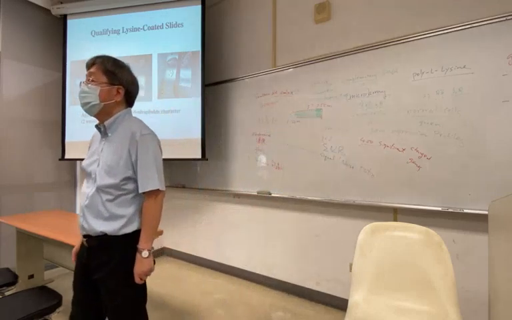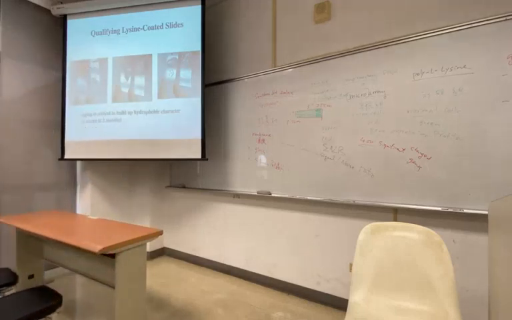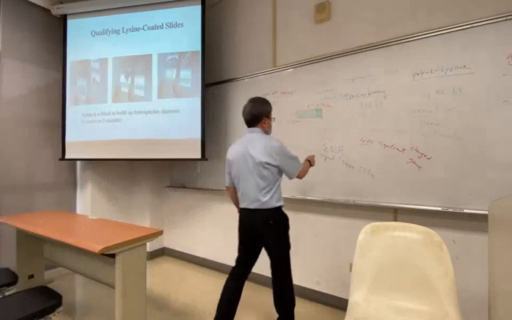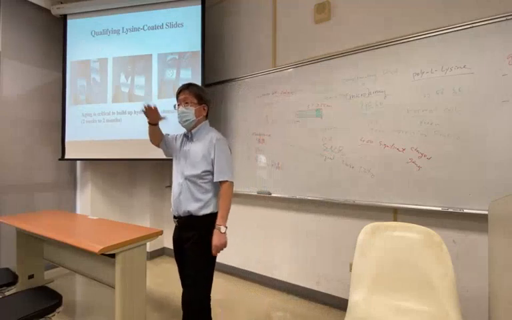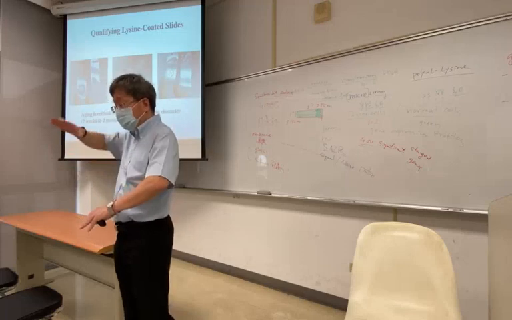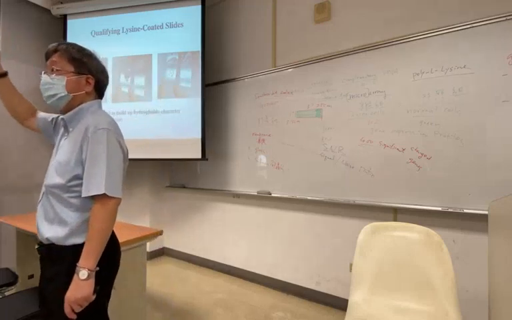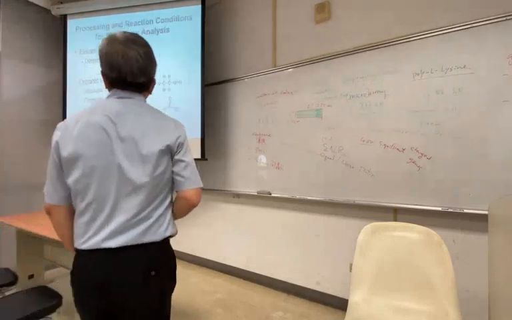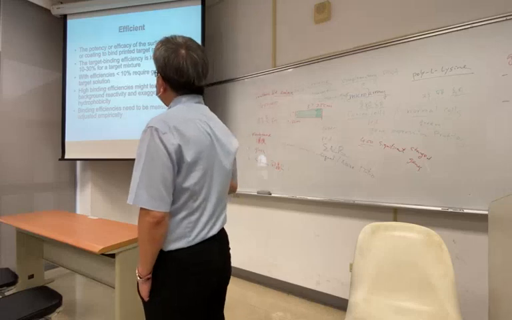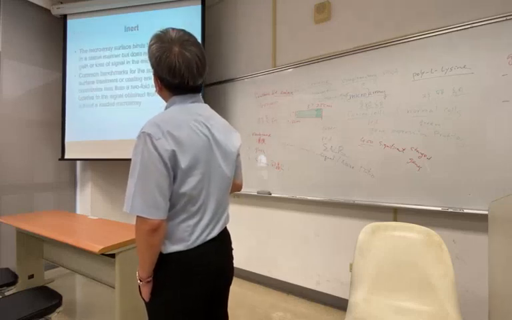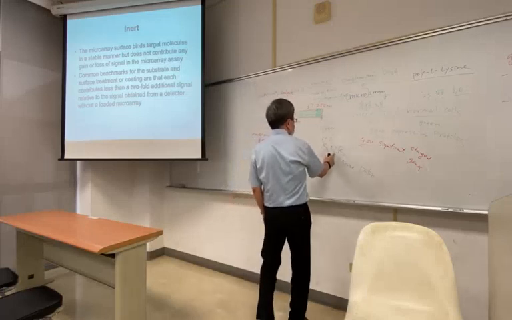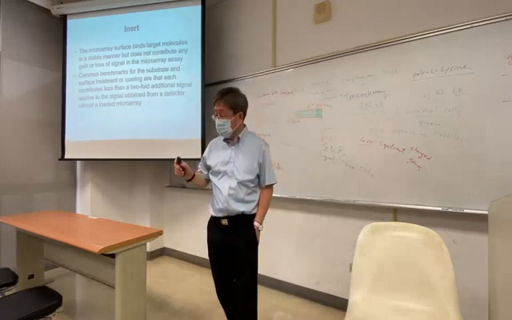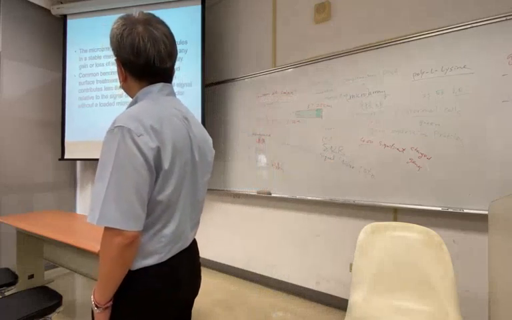In Chinese, it is the ratio between your signal and your noise. If the signal over noise ratio is too low, that means your background is very high. If your background is low, then your signal is good. That means SNR will go up. Okay? So whatever chemical you use, you don't want it to contribute to your noise. Make sure that's not going to be the case.